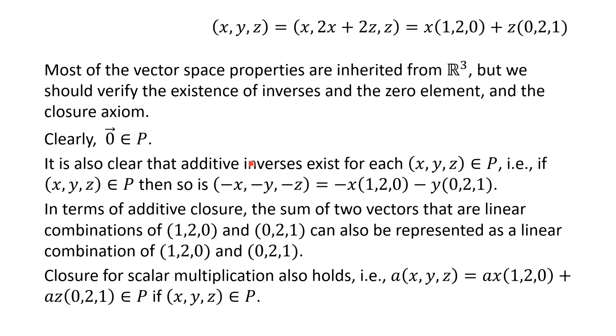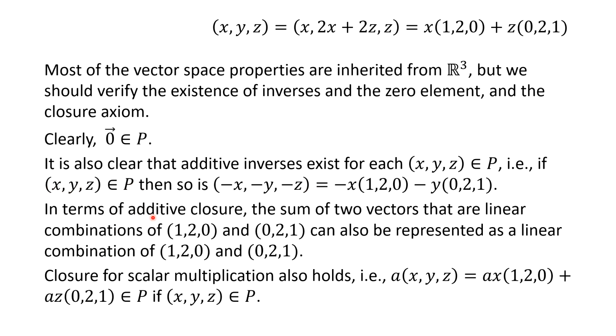The additive inverse is pretty easy. If x, y, and z is in our set P, we just take minus x, minus y, minus z, and then using this formula here, we get minus x times 1, 2, 0 minus z times 0, 2, 1. So it is a linear combination of the two vectors. In other words, the inverse is in P if x, y, and z is in P.